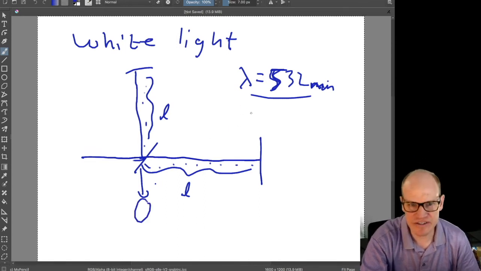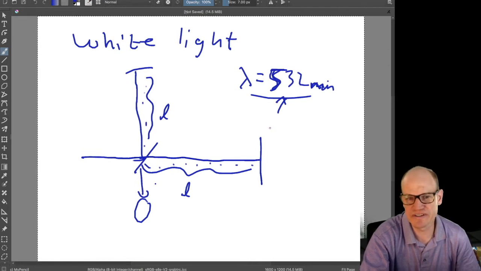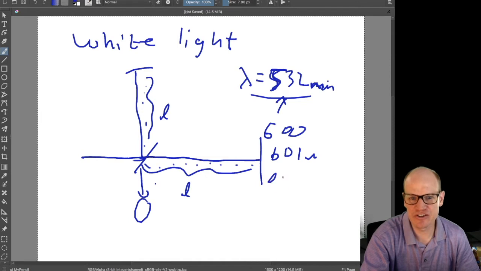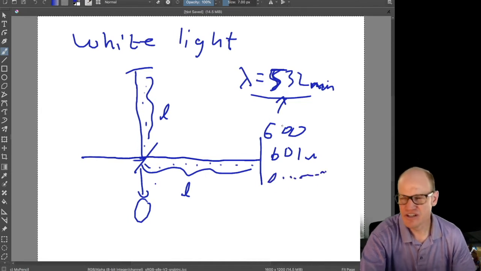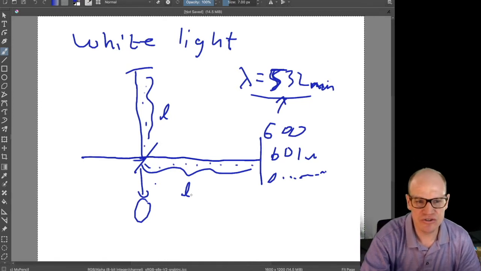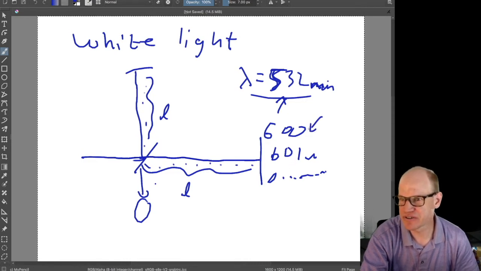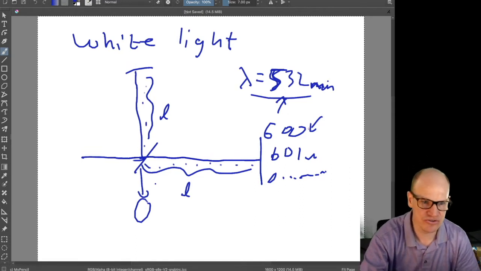However, when you have white light, you're going to have every other wavelength in there: 600, 601 nanometers, and 601.00-something nanometers. So all of these wavelengths are going through the interferometer at the same time. And so if these arm lengths are different at all from each other, then one of these wavelengths of light is going to have destructive interference with its counterpart that goes through the other arm.